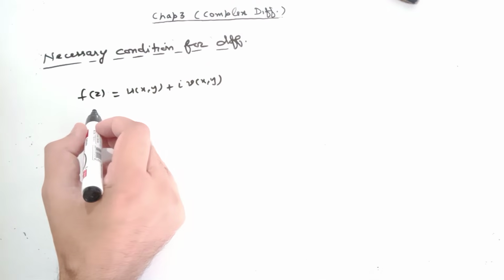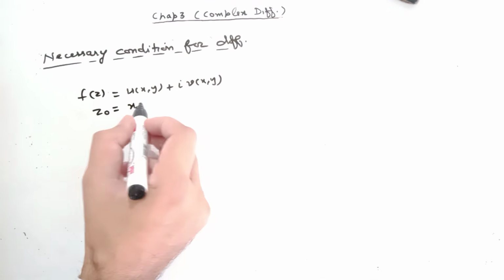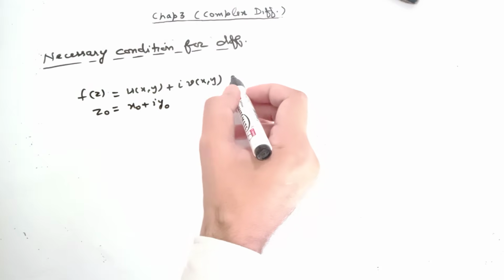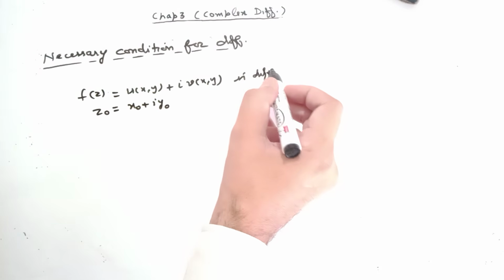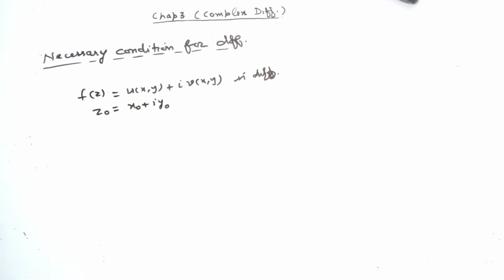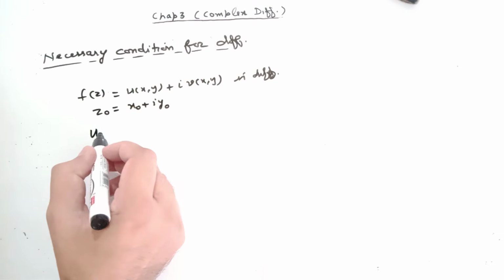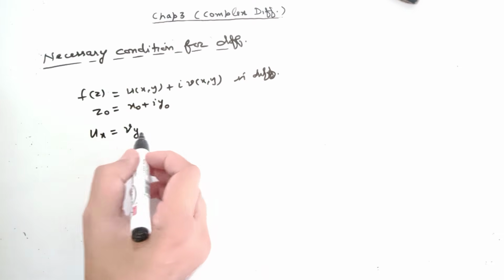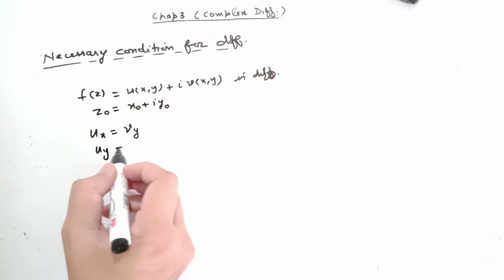Suppose this function is differentiable at z0 equal to x0 plus iota y0. Then what happens? First order partial derivatives of u and v exist at (x0, y0), and the partial differential equations known as Cauchy-Riemann equations, given by ux equal to vy and uy equal to minus vx.